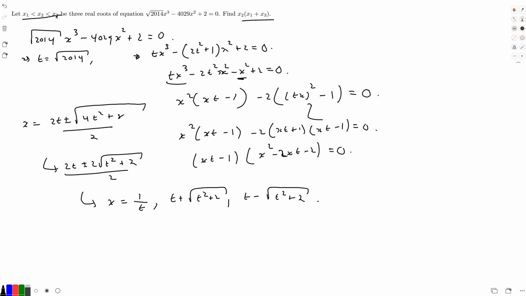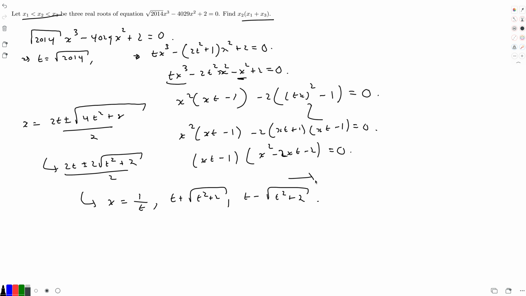What's t minus root (t squared plus 2)? Well, t squared is 2014, so that's root 2014 minus root 2016. That's negative. This one over here will be root 2014 plus root 2016. That's positive. And this one is going to be positive, but very small.